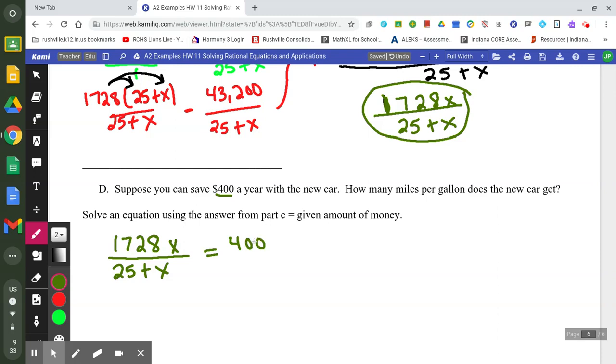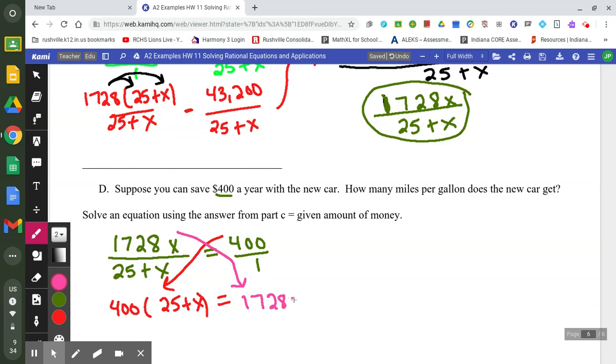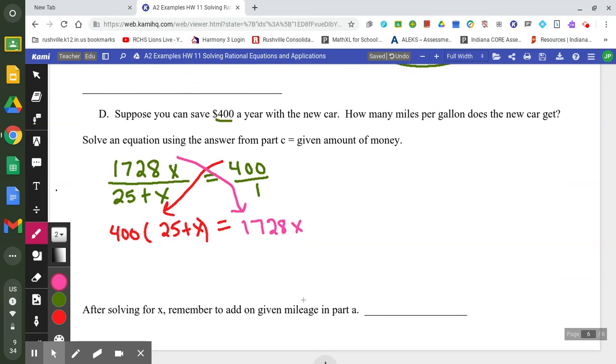And I'm just going to go ahead and make that 400 over 1. And then I'm going to cross multiply. So remember, cross multiplying, I'm going to take the top of one of the fractions multiplied by the bottom of the other fraction. So I've got 400 times that 25 plus x equals, and then the other side of the equal sign is going to be the top of this fraction times the bottom of that fraction, which would just be 1728x. And I'm going to continue to solve for x.